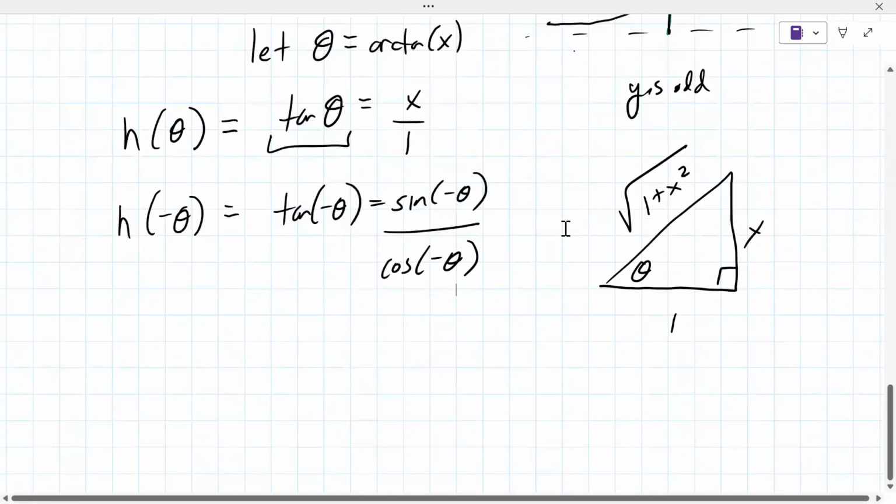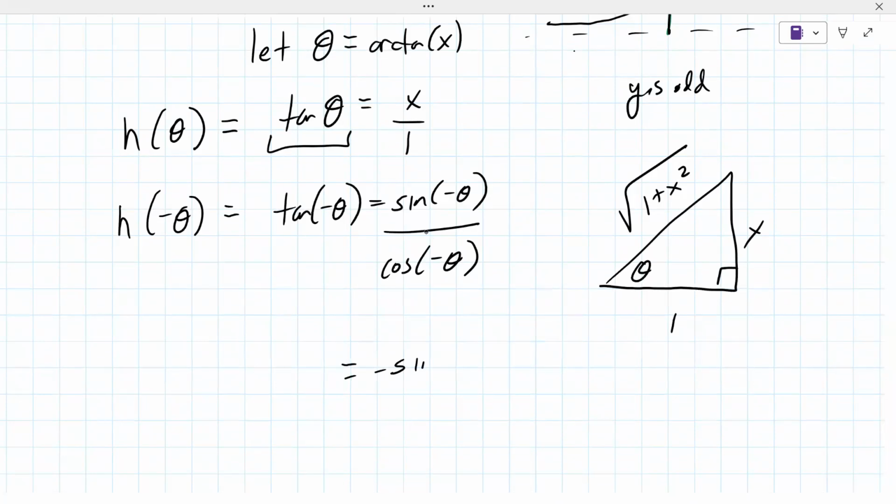And so that's where you can go back to your knowledge of sine and cosine, so that the top one is minus sine theta and the bottom one is cosine of theta, because sine is odd and cosine is even.